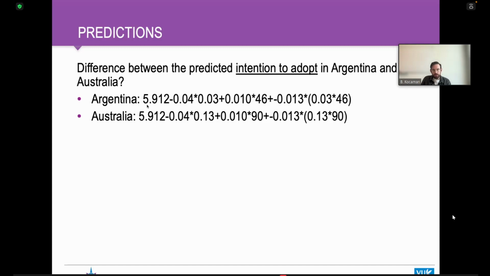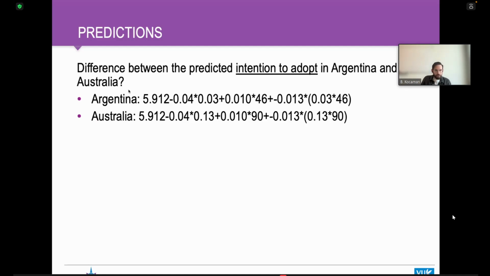So calculate the level of intention to adopt in Argentina. So here the intercept, the advertising spending, the level of individualism, and then the interaction between spending and individualism times the interaction effect. Do the same for Australia.